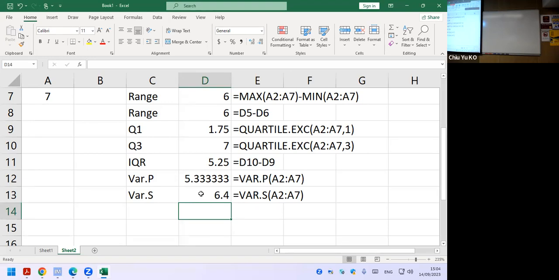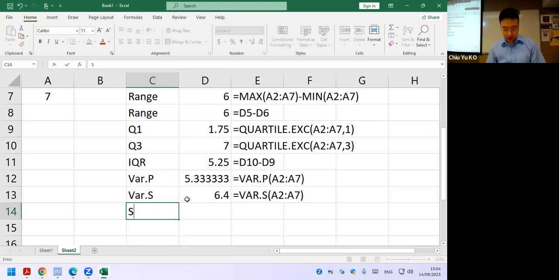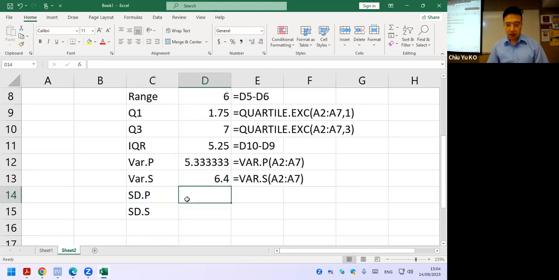So now with your data, you know how to calculate mean, median, probably mode, range, variance, and SD. Now I teach the SD. SD will be simple: SD.P and SD.S. There are two ways to do it.